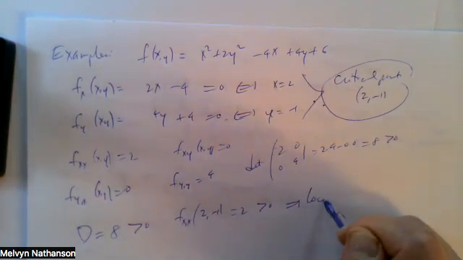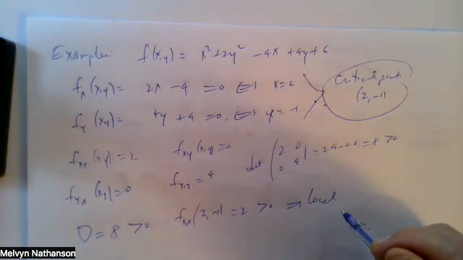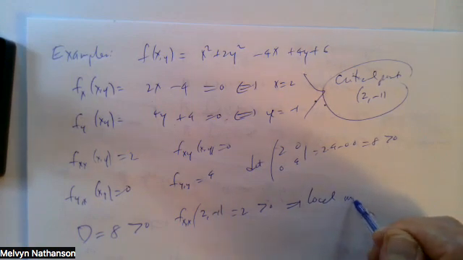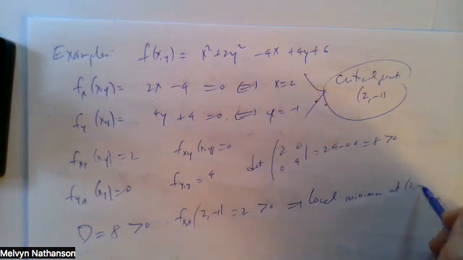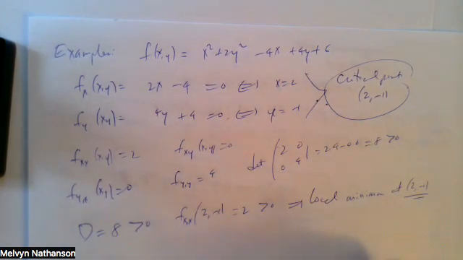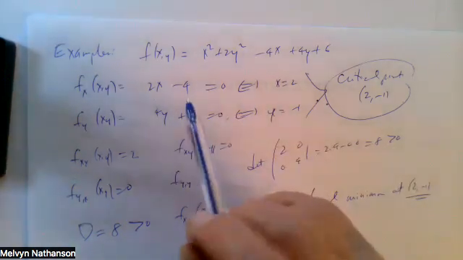So therefore I have a local minimum at (2, minus 1). So you need to look at that for a few minutes and make sure you understand what's going on.